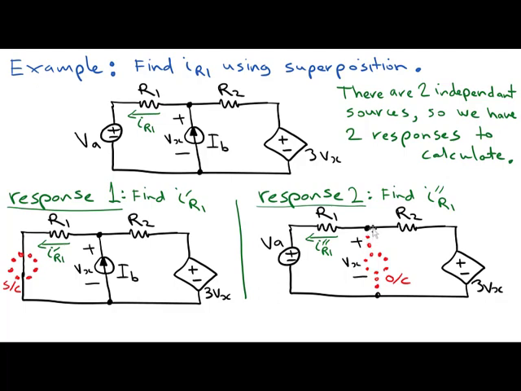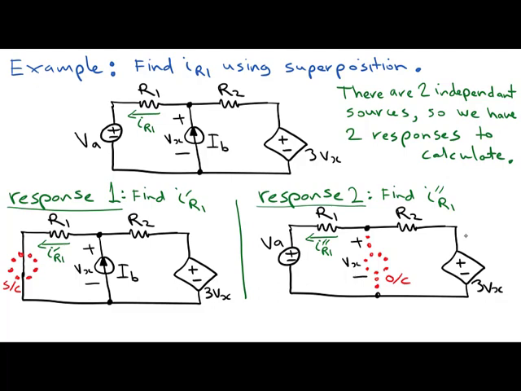We've just denoted it with dots where it was, and it's an open circuit. And then we repeat a circuit analysis and find I double prime R1. And note that we are keeping the dependent voltage source in the circuit for this analysis as well.